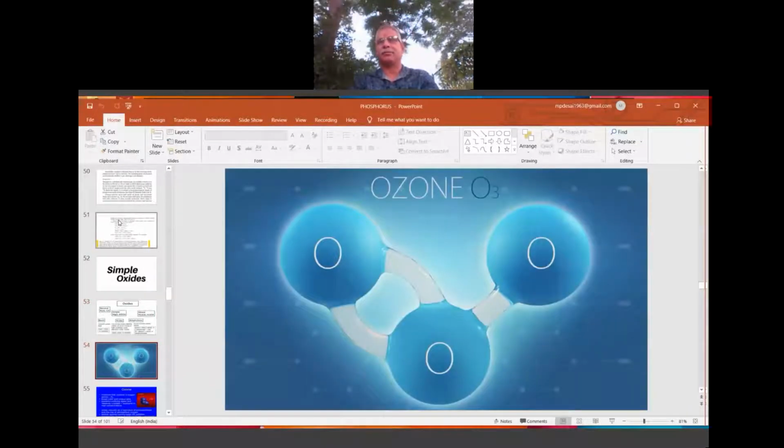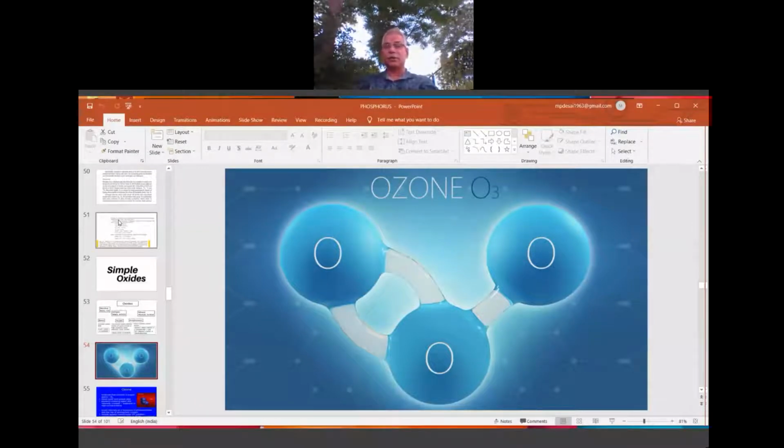Now the most important, oxide of oxygen. Ozone, an allotropic form of oxygen, O3 and O2. These two are allotropic forms of oxygen, like carbon in different forms.